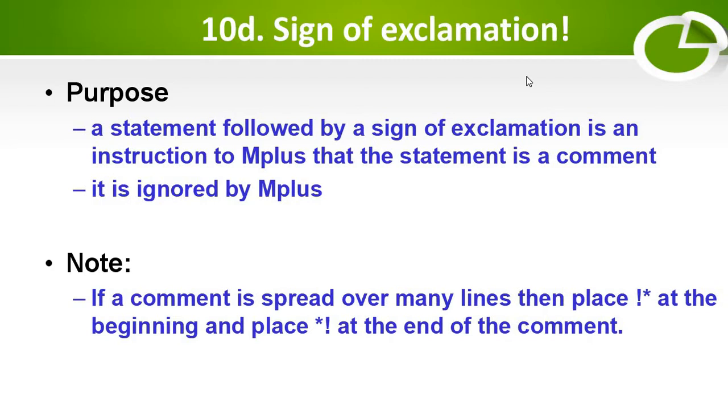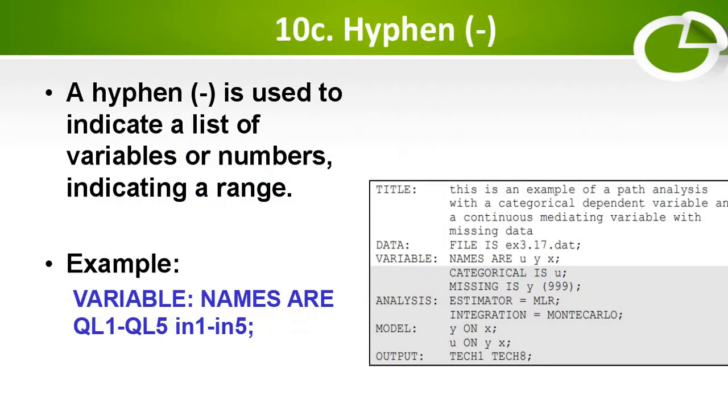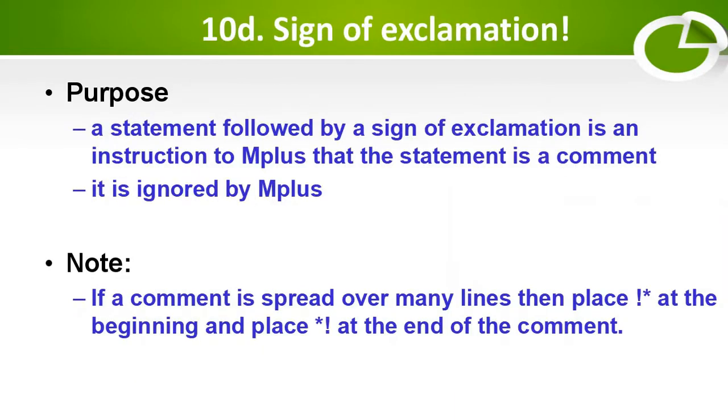There are two ways. One is simply write the sign of exclamation. Or you can also put this sign of exclamation, then star, then you write all statements, whatever you want to write, and at the end you close it like this: star, then sign of exclamation.